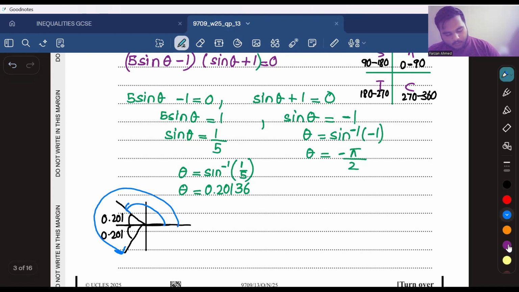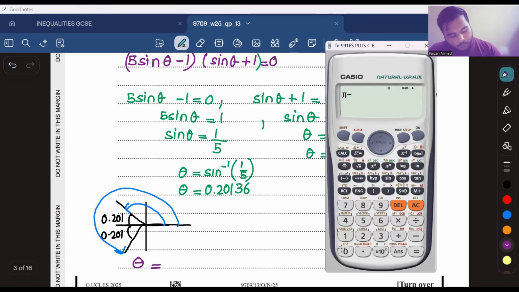If we take pi as 180, then pi minus 0.201 is equal to 2.94.